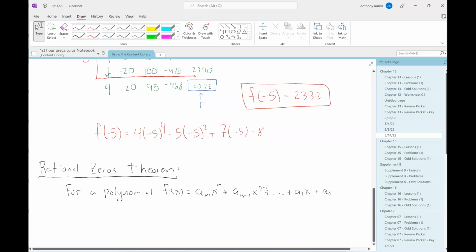Not in this class would we run out of letters, but it's certainly possible for a polynomial to have like 10,000 terms, which is why we're using a subscript on the symbol for our coefficient rather than just using different letters. Is that okay? Okay.